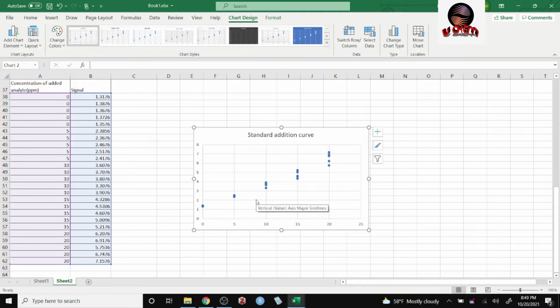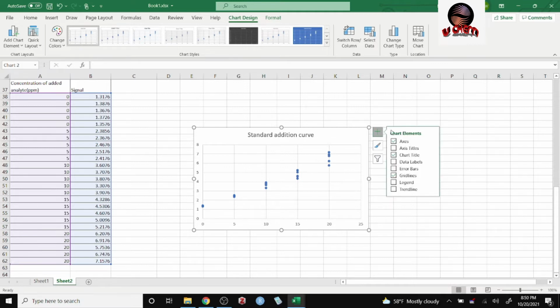And if you have a high matrix effect and you want to get rid of it, then we also need to do the standard addition method. And if you need to have a calibration curve on a matrix, then you need to go for the standard addition method. So now we have plotted our plot here.